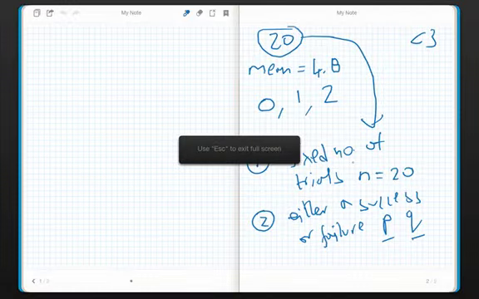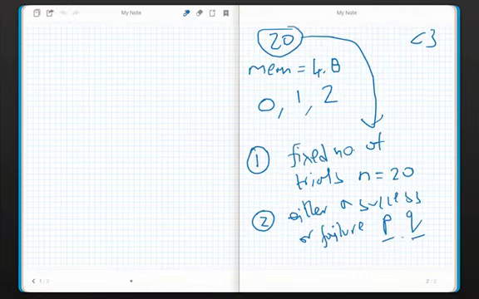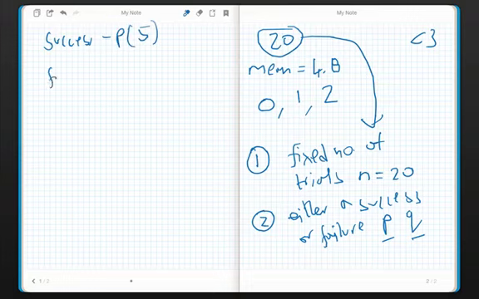Now, our first step in this problem is to find our probability of success and failure. Success is basically the probability of getting a 5, and a failure is the probability of not getting a 5.